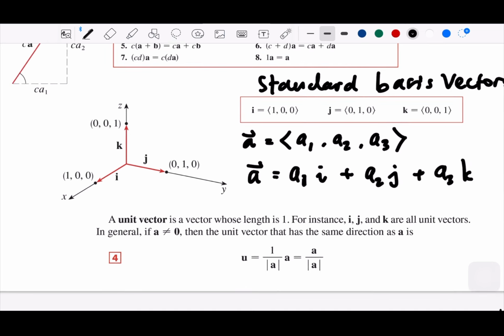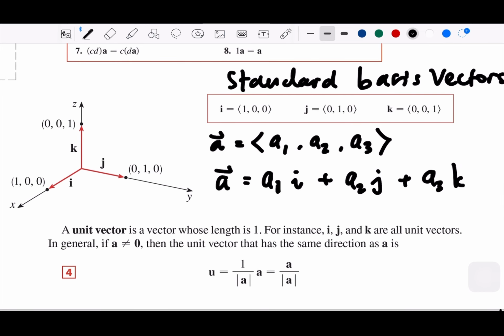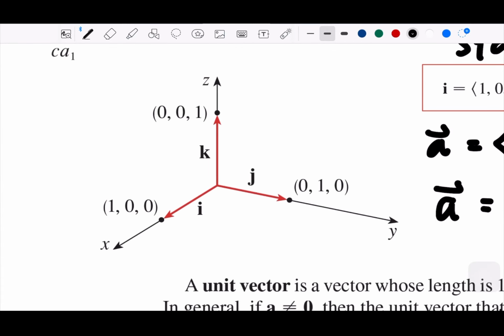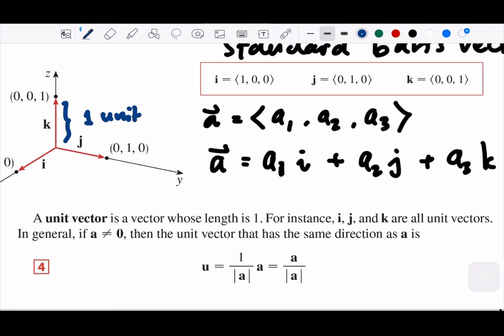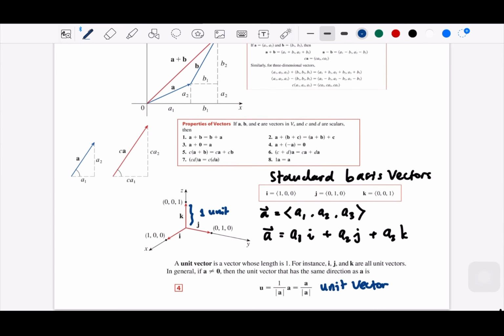So for instance, i, j, and k are all unit vectors because their length is 1 unit. So a unit vector can be written as the vector divided by its magnitude, or its length. Now that's for these sections. We are going to continue in the next sections, so please stay tuned.